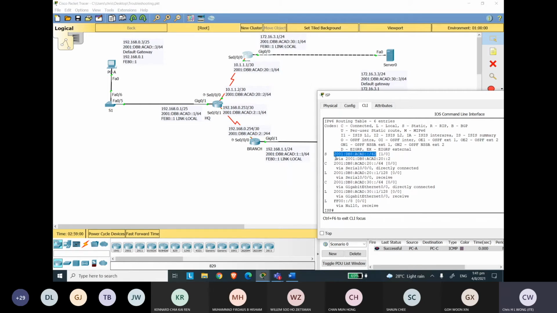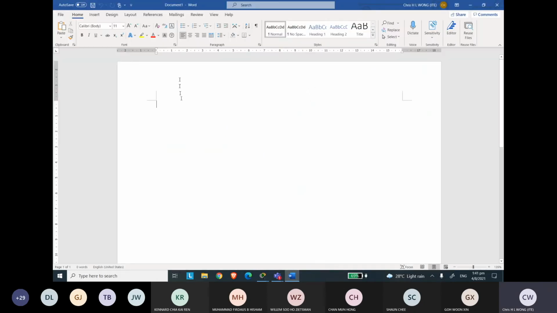This is a summarized routing. I'm going to copy this first, put it here, right click and paste. So we are going to check whether this is correct.